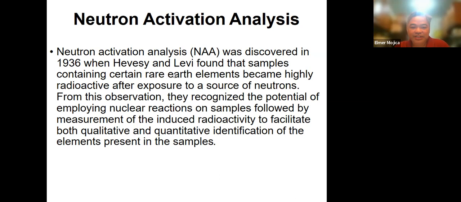So they found that samples containing certain rare earth elements become highly radioactive after exposure to a source of neutrons. From this observation, they recognized the potential of employing nuclear reactions of samples followed by measurement of the induced radioactivity to facilitate both qualitative and quantitative identification of the elements in the sample.